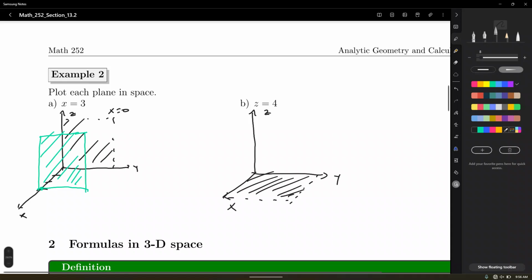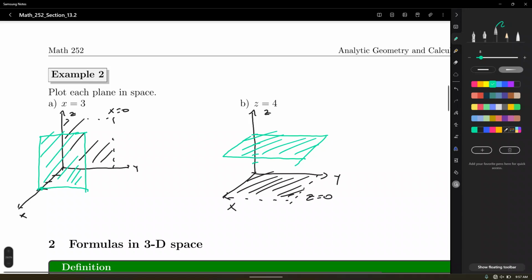The floor, which is z equals 0, I need to drag that floor up 4 units to represent the plane z equals 4. That means 1, 2, 3, 4. So I would need to go like this, like this, like this, and like this. But again, this is just a little portion of the plane. It's not the entire plane. This plane goes all the way back, all the way to the front, and all the way to the negative octants here as well.